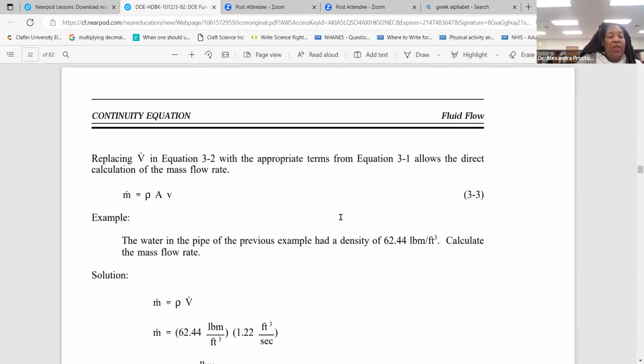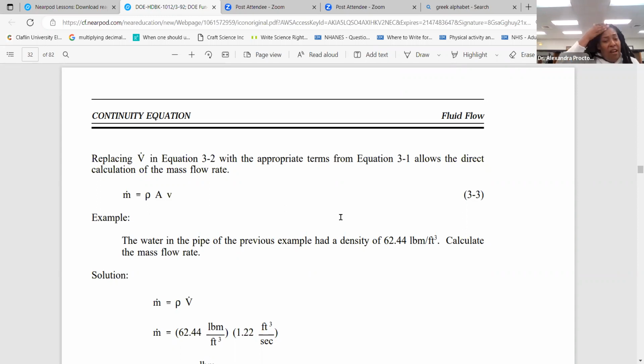Replacing V in equation 3.2 with the appropriate terms from equation 3.1 allows direct calculation of mass flow rate, where M is equal to rho times A times v. The example problem they give is that the water in the pipe of the previous example had a density of 62.44 pound mass per cubic foot.